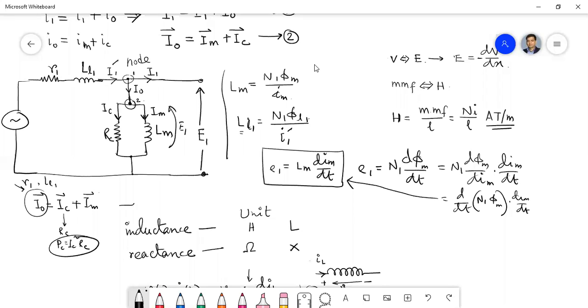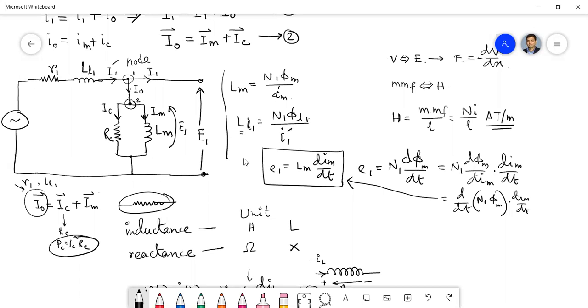It's just a representation. Actually, you are getting some ohmic loss. For that, you consider some resistance through which some current is flowing and some loss occurs.